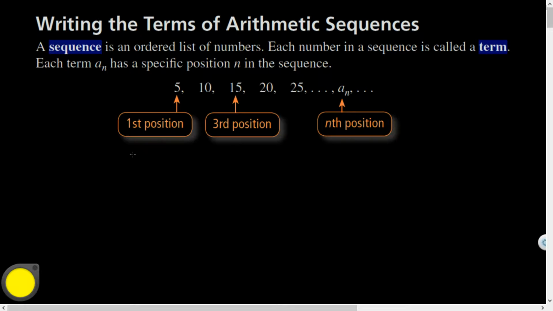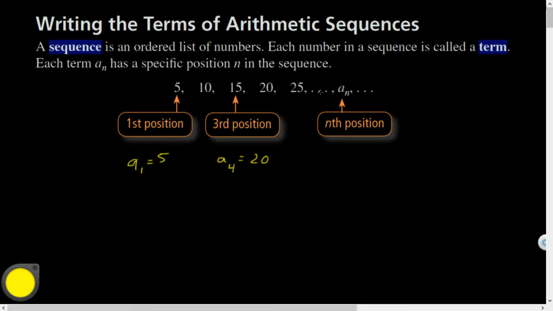I would refer to any particular term with a sub and then whatever position it happens to be in. So a sub 1 in this sequence is 5. A sub 4 would be the fourth term, 1, 2, 3, 4, which would be 20. I know this is weird, but it's possible to have a list of numbers that is infinite.